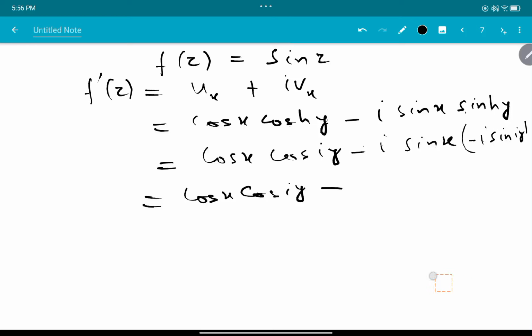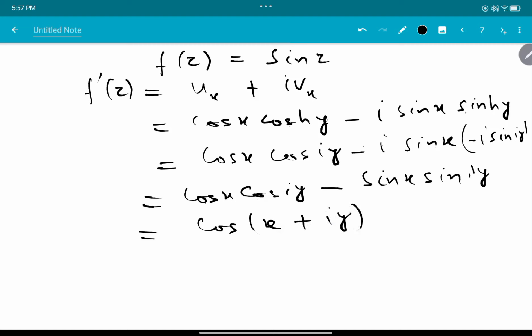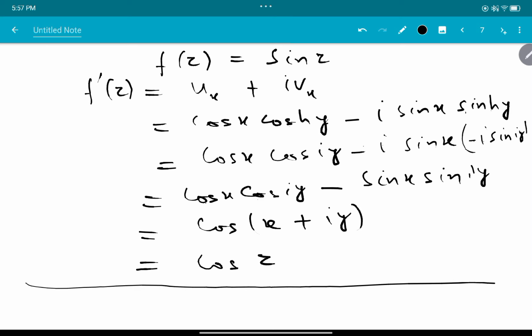So it will ultimately be minus, but i square will be gone: minus sin x sin iy. But what is that? Cos a cos b minus sin a sin b is cos of a plus b, which is cos of x plus iy. You can easily identify that x plus iy is simply z. So if f z is sin z, its derivative is cos z, a result that we expect. We will take more problems based on this in our next video.